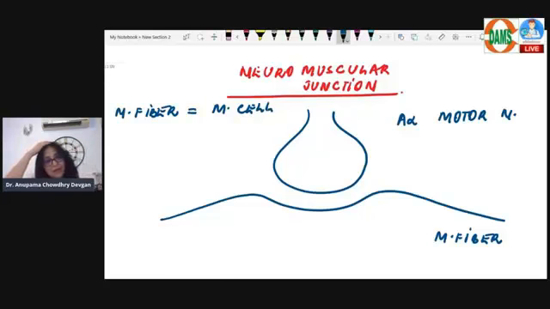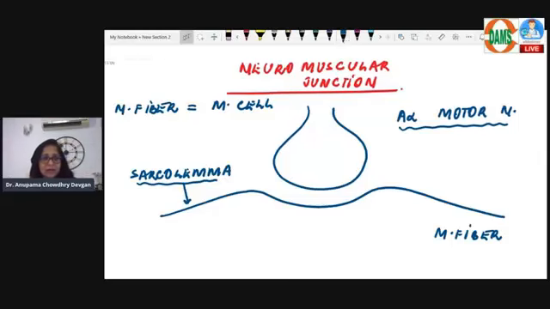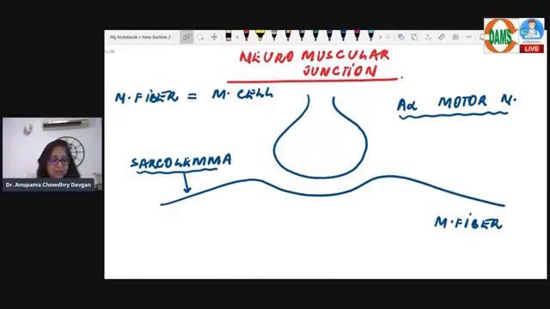And therefore, the membrane of the muscle fiber is known as the sarcolemma. So a neuromuscular junction is formed between the A alpha motor neuron and the sarcolemma. Why do we call it the sarcolemma? Because remember, muscle fiber is equal to muscle cell.